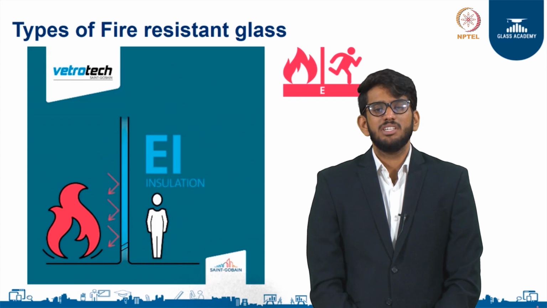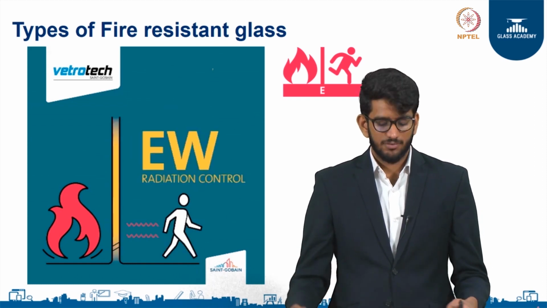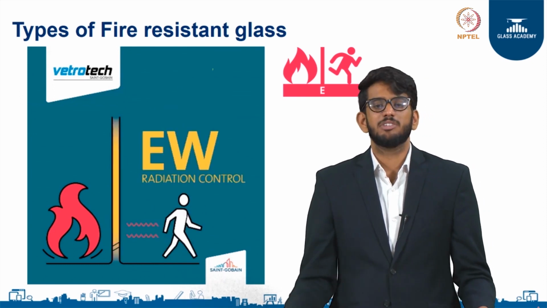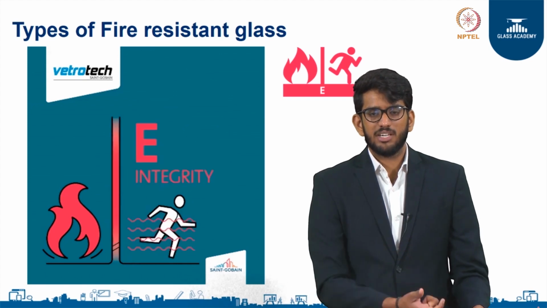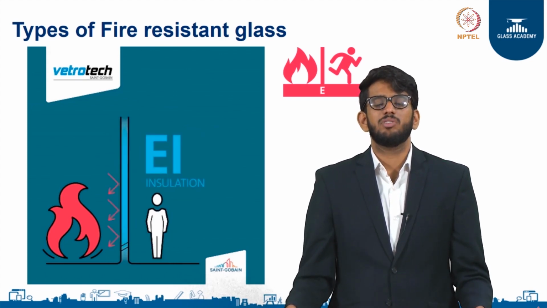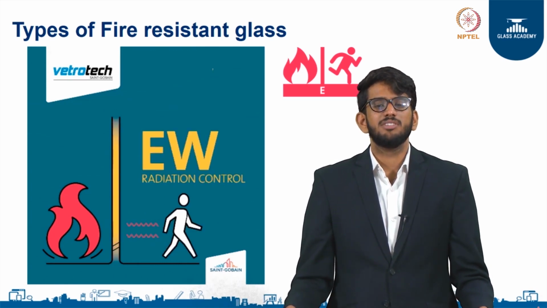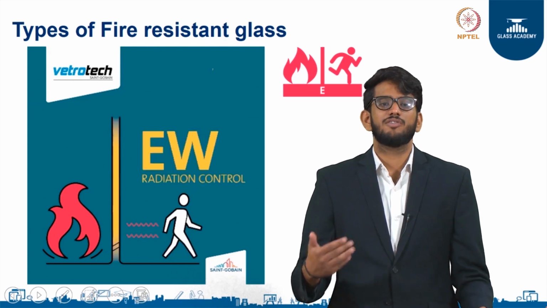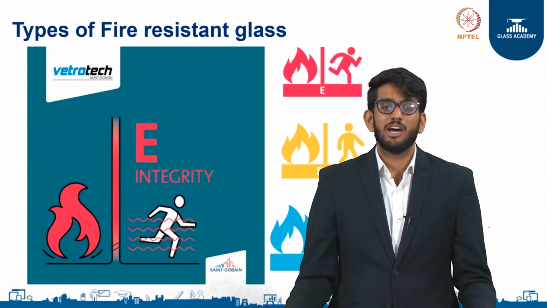If you see the moving GIF, you will see three elements in the motion graphic. One is a source of fire. Second, you see a physical barrier between the fire and the person who is being evacuated. The only difference in all three is that the color of the physical barrier keeps changing.